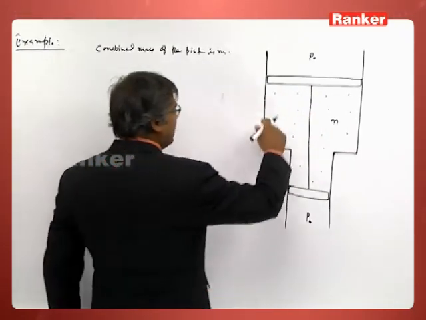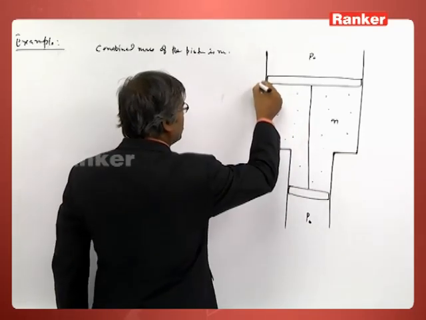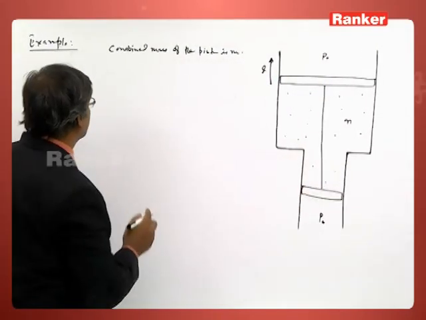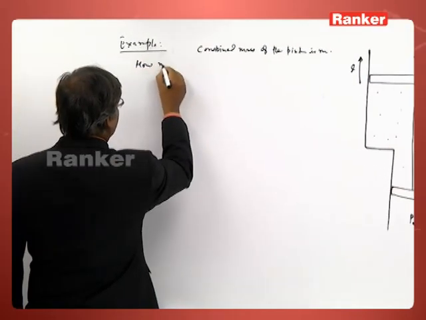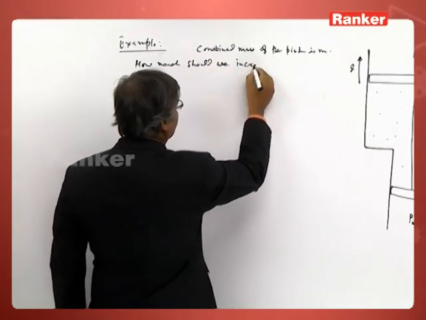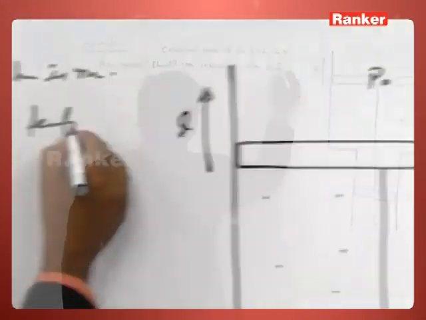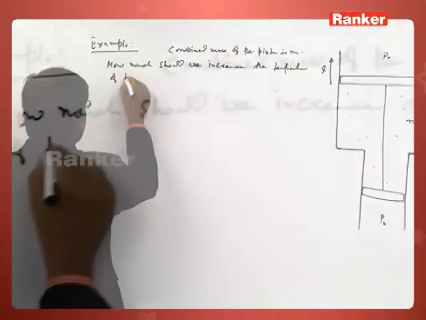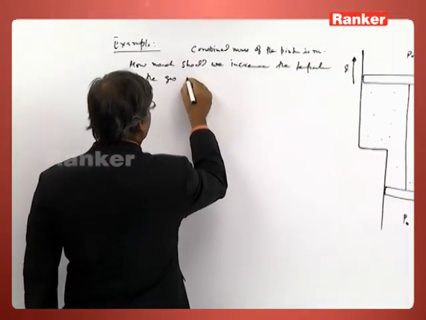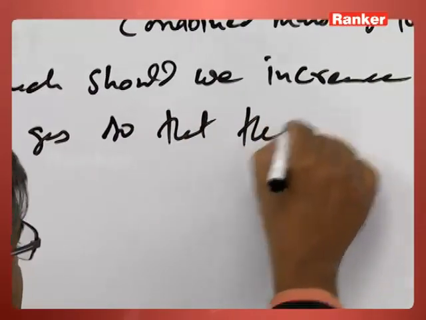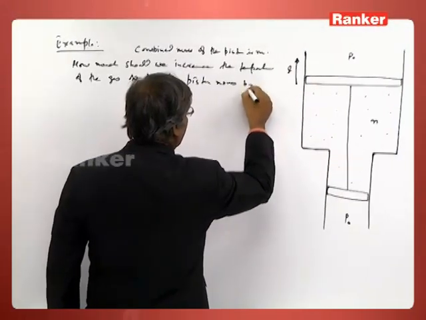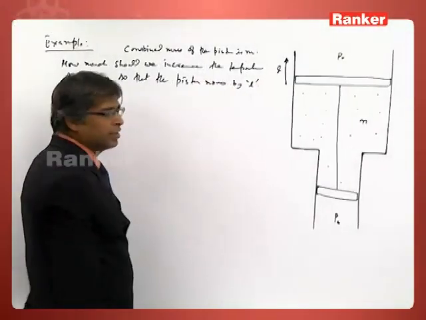By what amount should we increase the temperature of the gas, of course by heating from outside, so that the piston moves L distance upward? This is what we have to find.